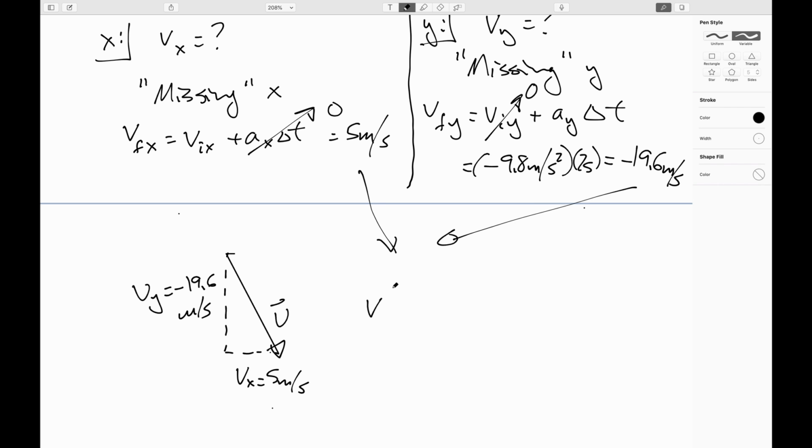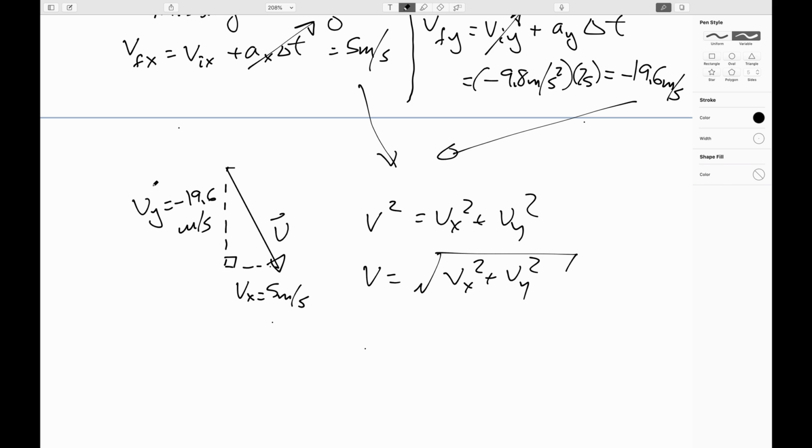So V squared will be equal to Vx squared plus Vy squared by the Pythagorean theorem, since that's a right angle right there. You can take the square root of both sides to get that V is the square root of Vx squared plus Vy squared.